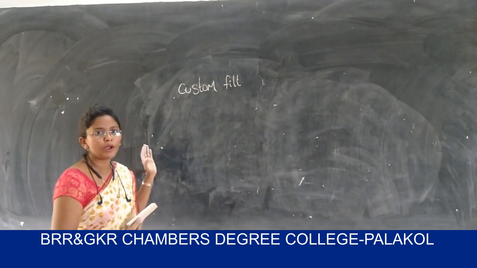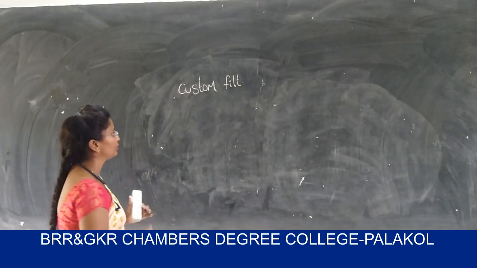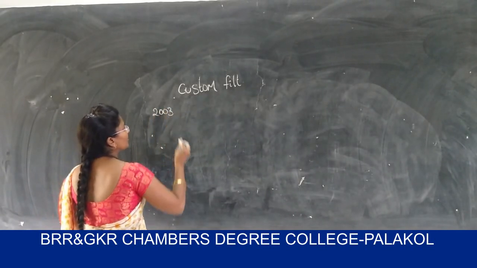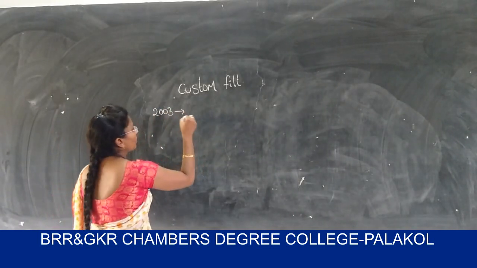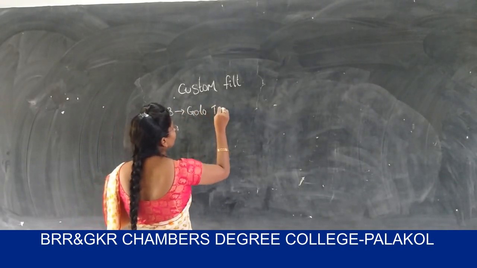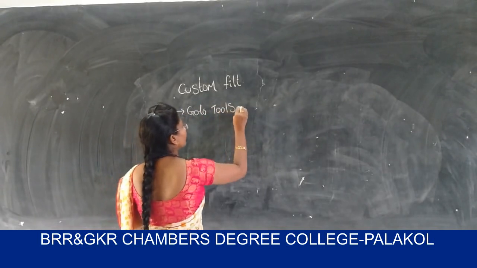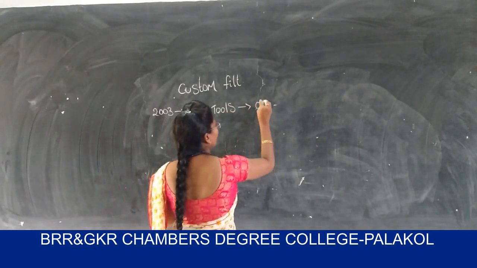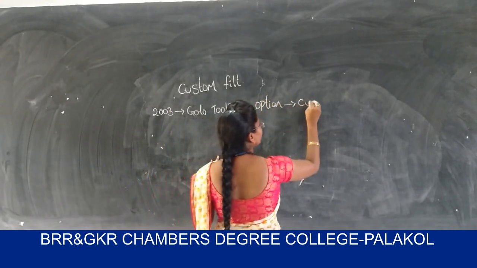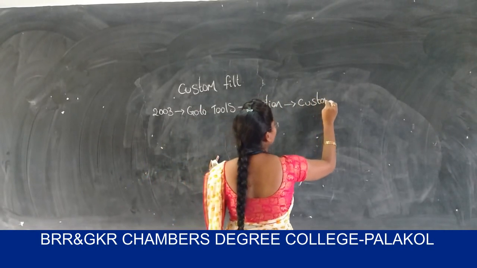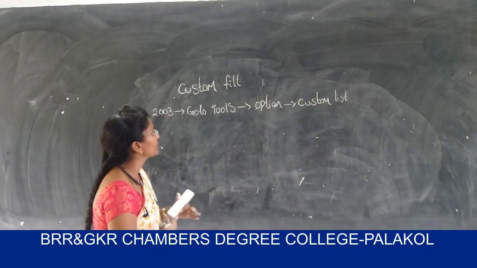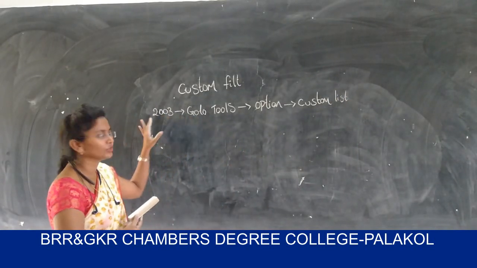For custom fill, we have to go for options. In 2003 version, first go to tools and then options and then custom list. This is the way to open the custom list in 2003 version.